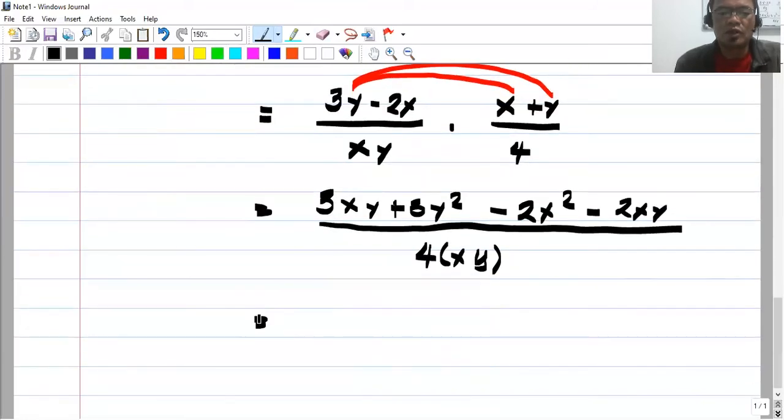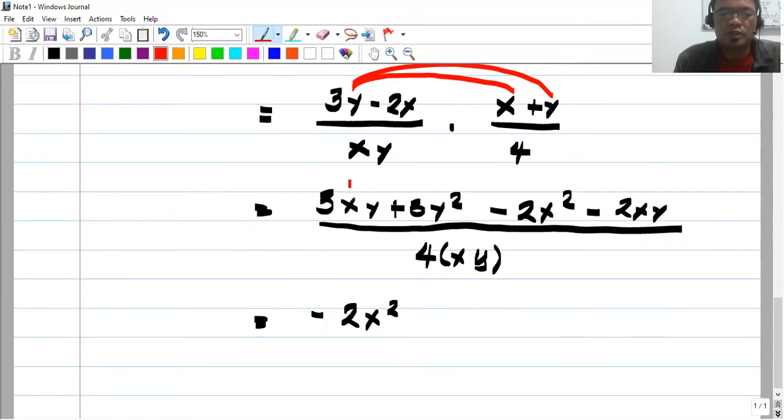Okay, next. So let us observe the terms in our numerator. We have 3xy plus 3y squared minus 2x squared minus 2xy. Customarily, we put our variable x first before our y. So we have negative 2x squared, followed by 3xy.